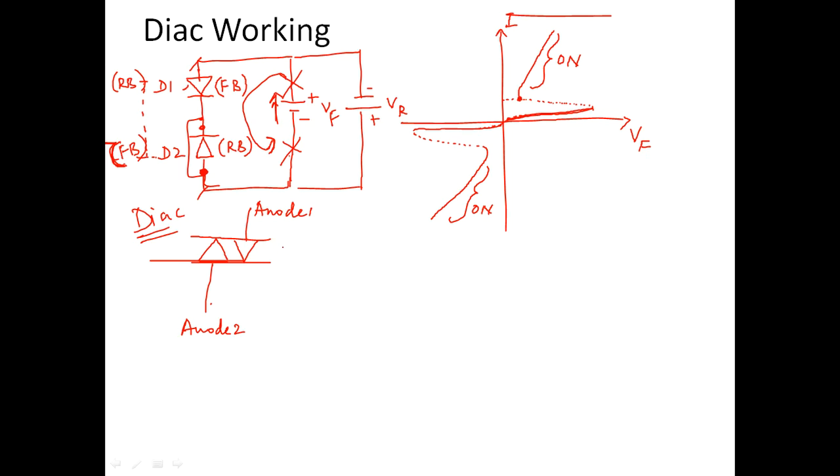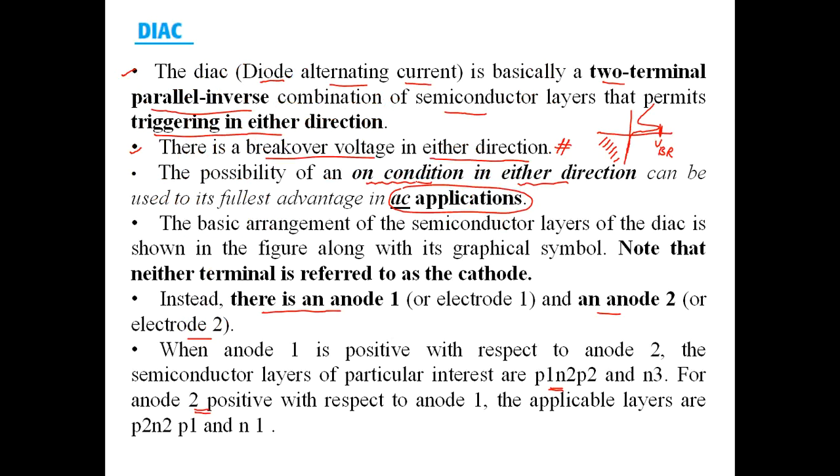For example, what if you want the current flow only in the first quadrant, or what if you want the current to flow only in the third quadrant, right? So the controlling is not possible here. However, there will be current flowing in both the directions, right? So with that basic concept, let us move forward and try to understand.